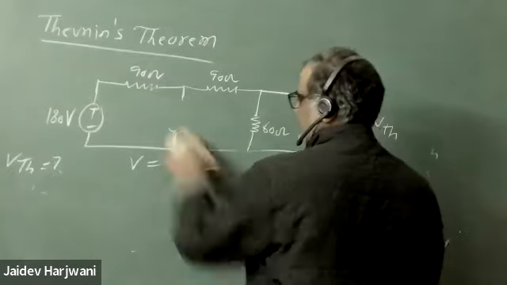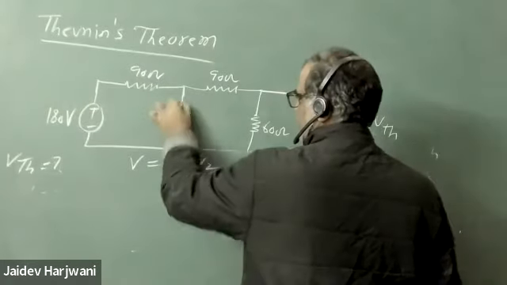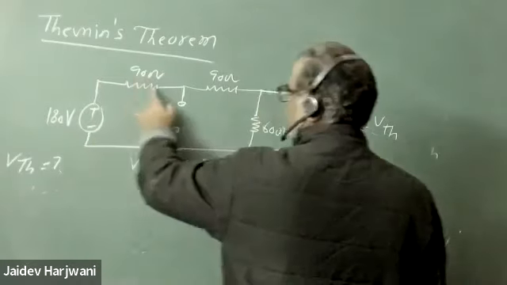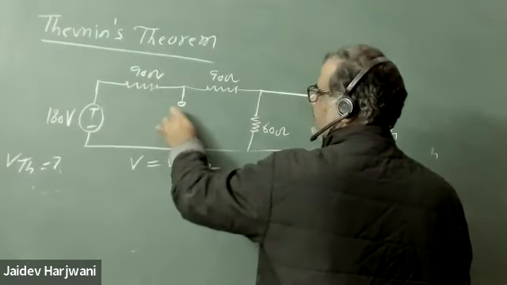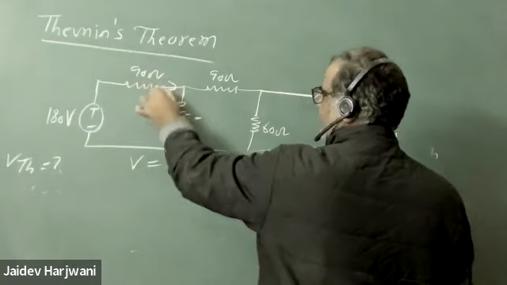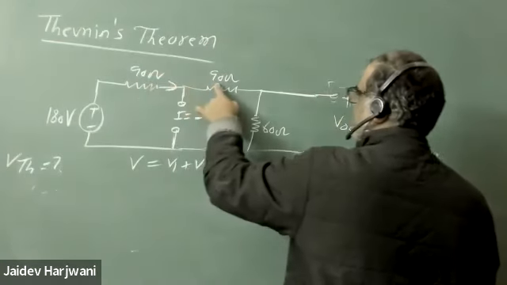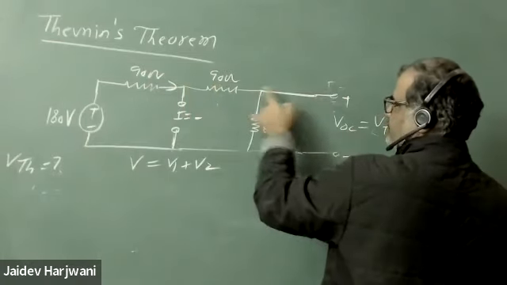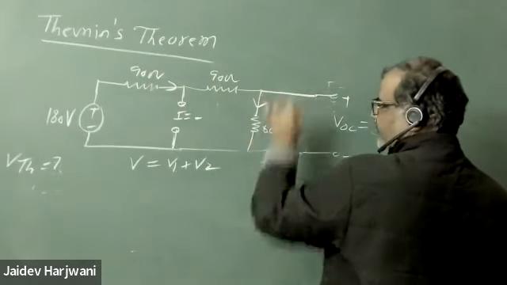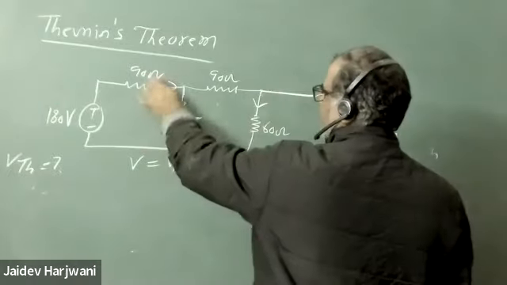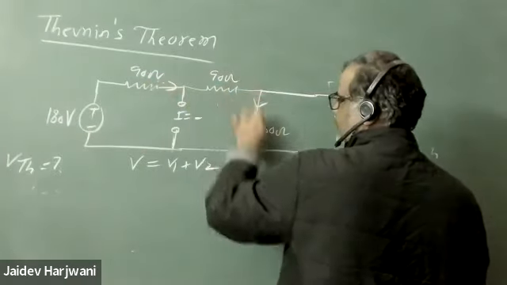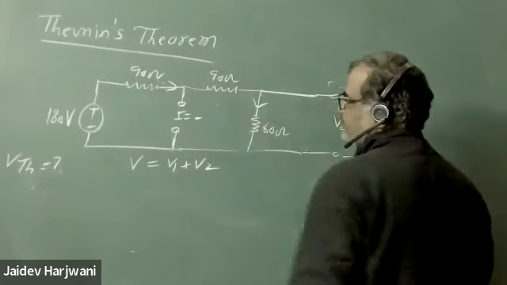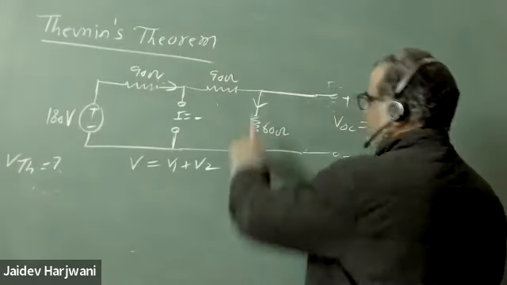So let me calculate first the one due to 180 volts. When I put 180 volts, current will go here. Here there will be no current, I0. Whatever current is coming will flow here, and again it will come here. It will not divide here because it is an open circuit, so no current will flow there. So all the current will flow through all three resistances, and all three are in series.